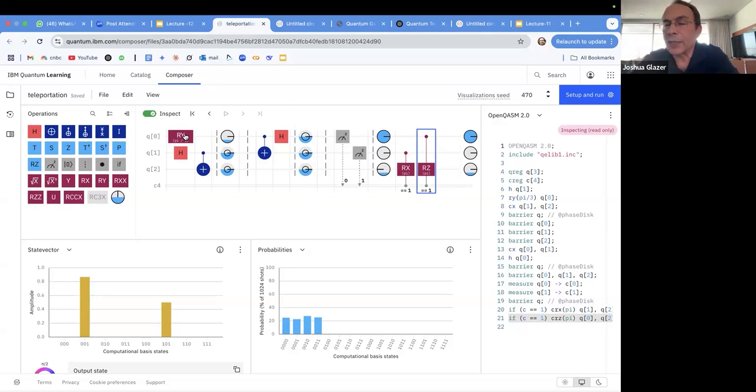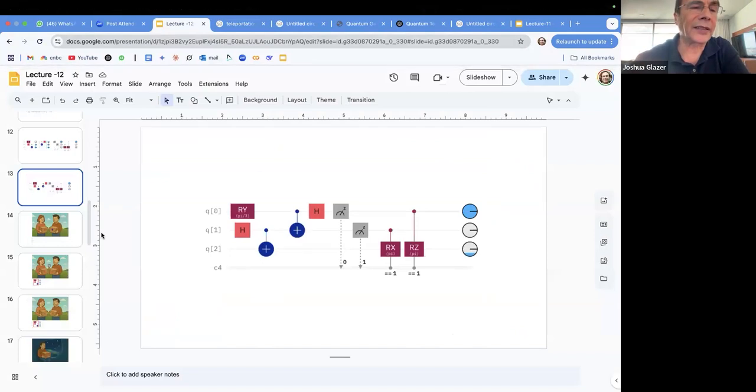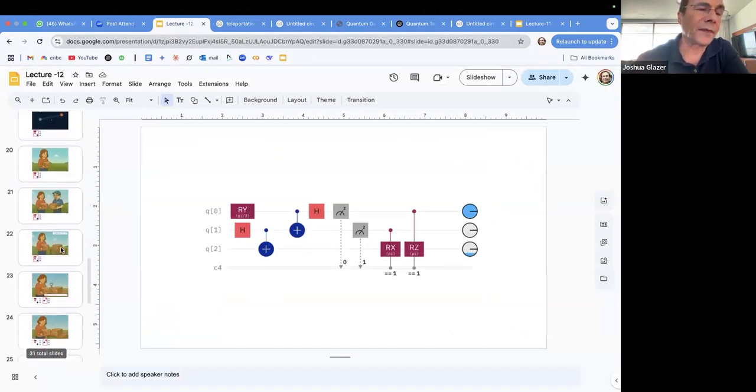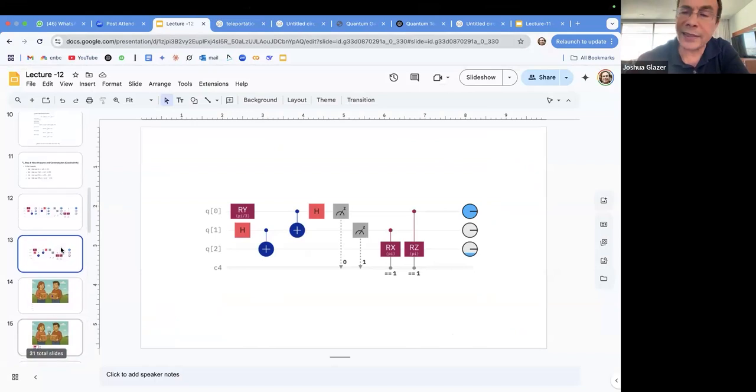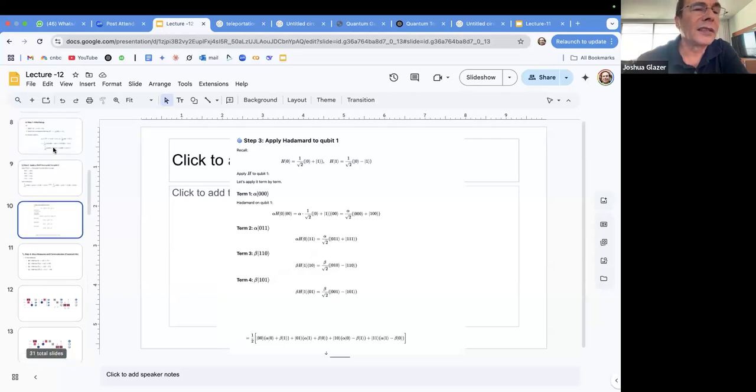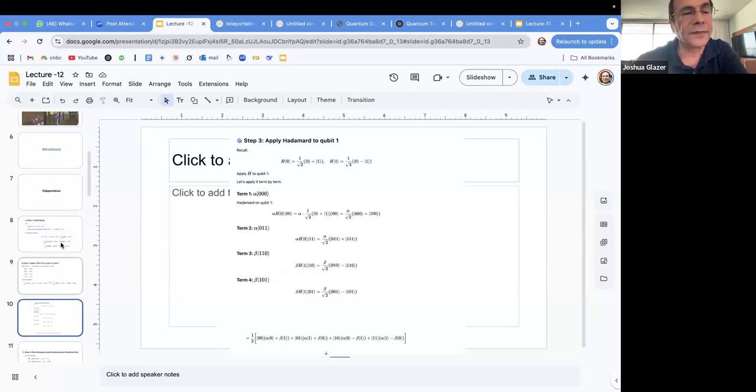If you don't get it, it's not a big problem. Just go over the lecture, because it has some really, really deep stuff in it. So now we're going into the mathematics of the whole thing. And trust me, if you go through it and you understand the deck and everything we talked about, you really understand teleportation. And it's not an easy thing to understand.